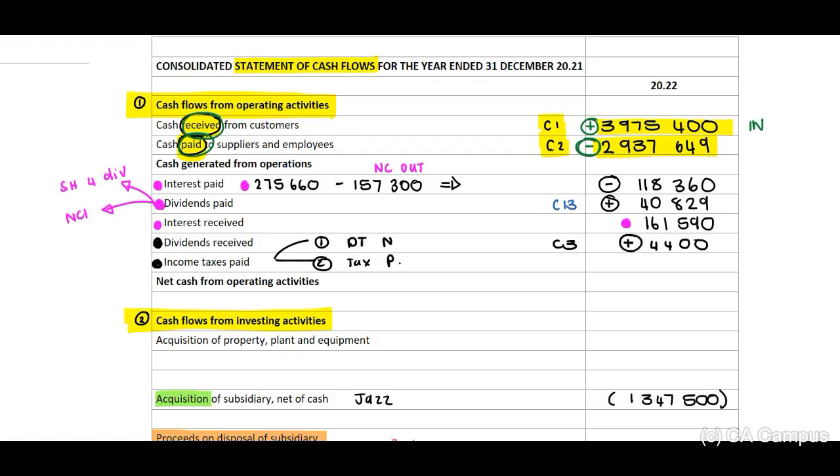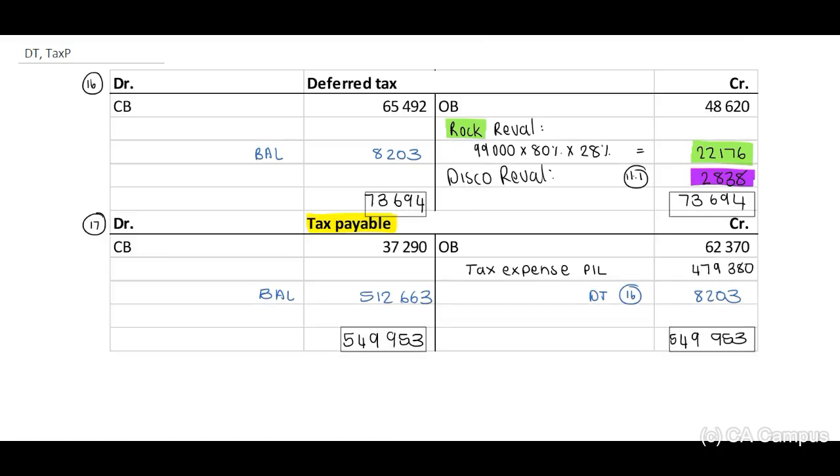Now, income taxes, remember, first complete your deferred tax T account, then complete your tax payable. Your deferred tax is non-cash, right? Now, if we have a look at our deferred tax calculation, this will be our T account number 16. Our balancing figure is 8203, and we transfer this to our tax payable, 8203.